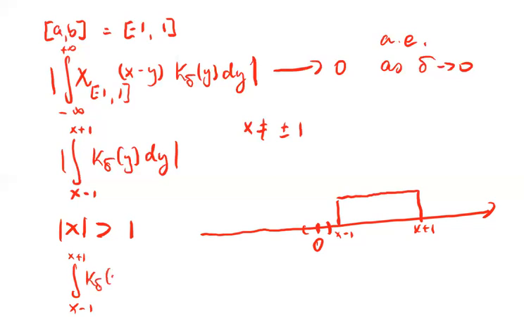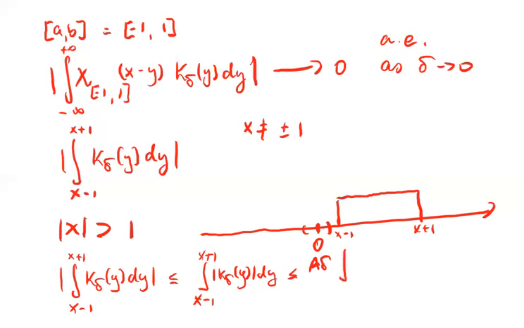The integral from x minus 1 to x plus 1 of k delta of y dy in absolute value is less than or equal to the integral of the absolute value of k delta of y dy from x minus 1 to x plus 1. And this is less than or equal to a times delta times the integral from x minus 1 to x plus 1 of 1 over absolute value x squared dx.